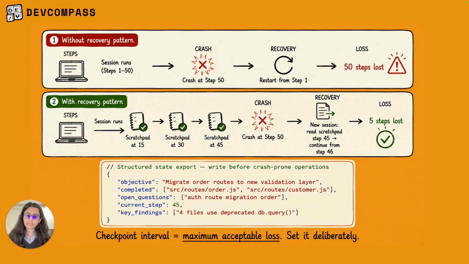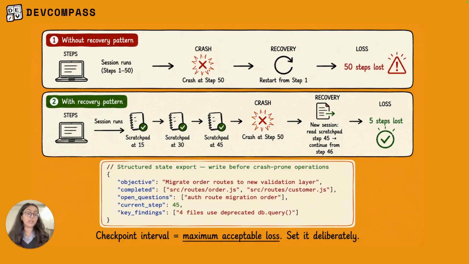The state export here is the last piece. Before a long session begins or at the start of each phase, export a structured state snapshot, not a conversation transcript, a structured JSON object. Current objective, completed work, open questions, key findings.